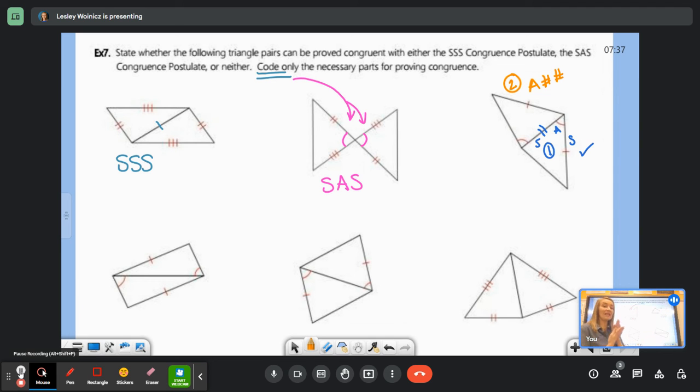Okay, so we cannot use SSS or SAS on this pair of triangles. Okay, this is a neither. We'll find out in our next video that those are actually not congruent. We can't prove those congruent, but we don't know that yet. Right now, we're just going to say neither.